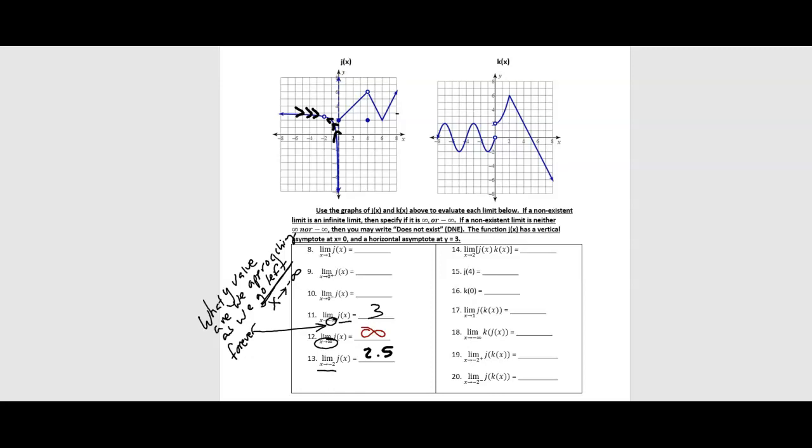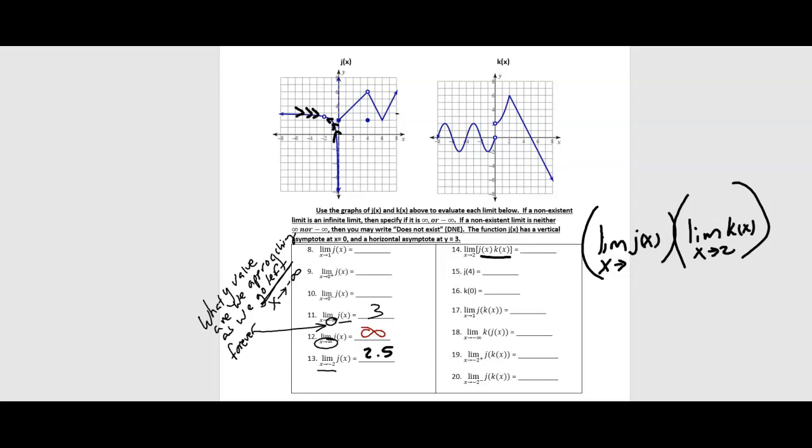So for number 14, we want to find the limit of j of x times k of x. Now what that means is I need to find the limit of j of x as x approaches 2, and I also need to find the limit of k of x as x approaches 2, and then I'm going to multiply those two answers together. Okay? So let's go ahead and do that.